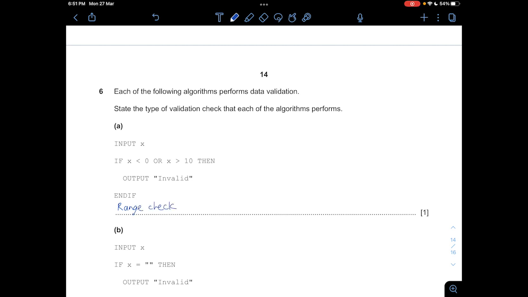Mostly, let's say you type in a value and the value itself is over 10, like let's say you type in your age, for example. If your age is like 11, then that means that it is not within the range. Some students may be confused between length check and range check.